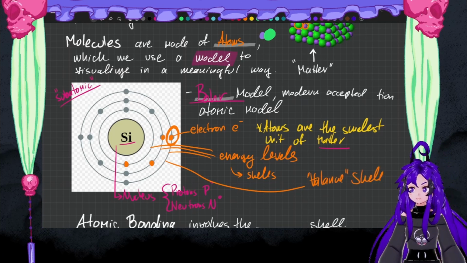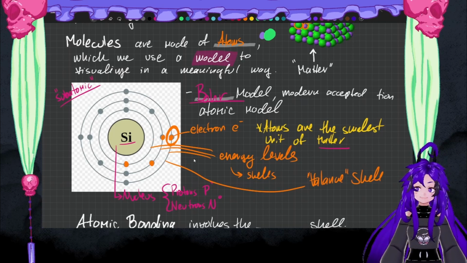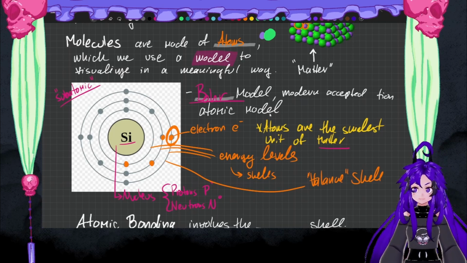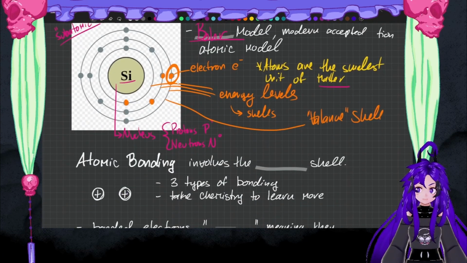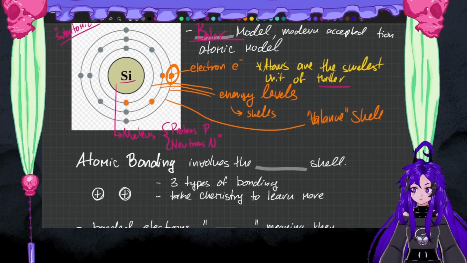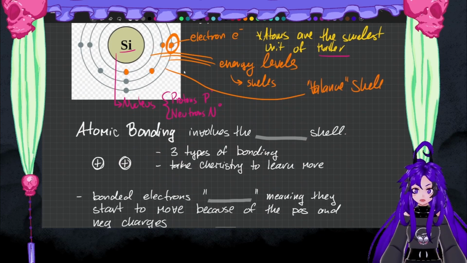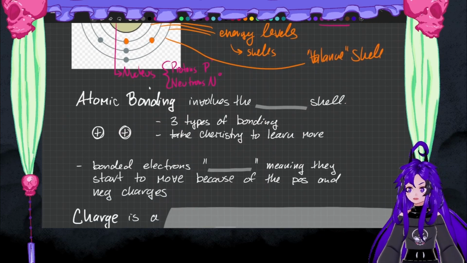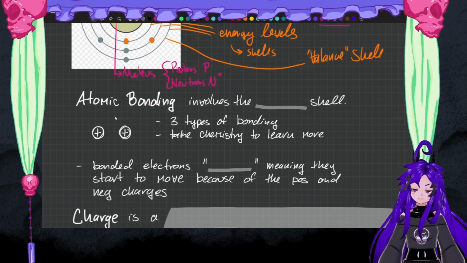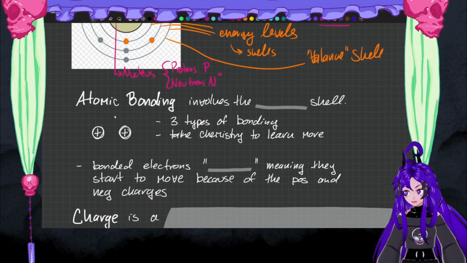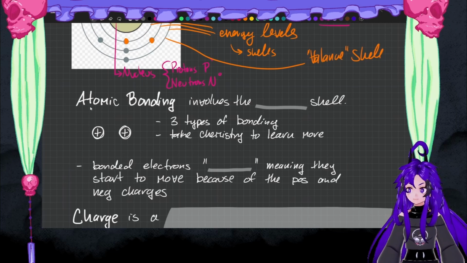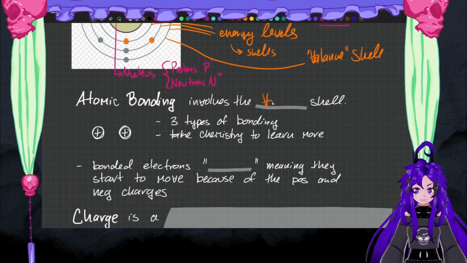And why we care about this is because when atoms go together to create molecules, it generally has to do with the valence shell. So atomic bonding, which is the process of atoms joining together to become molecules to become matter, involves the valence shell.